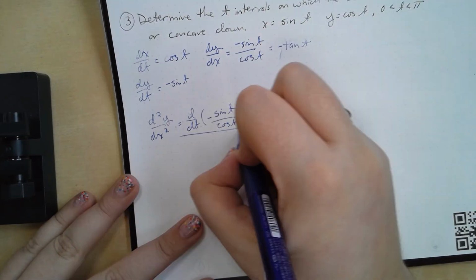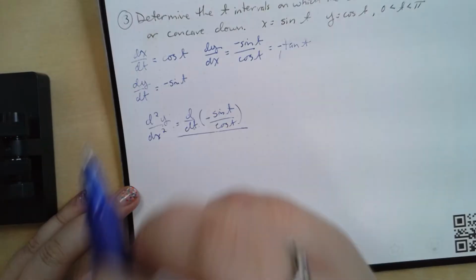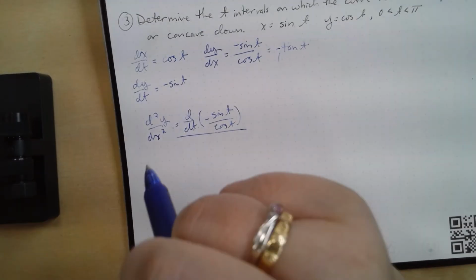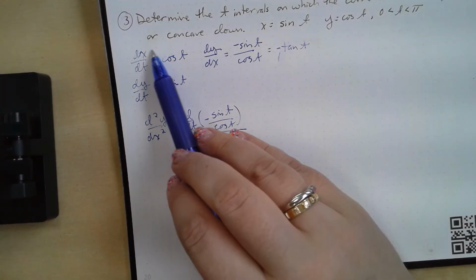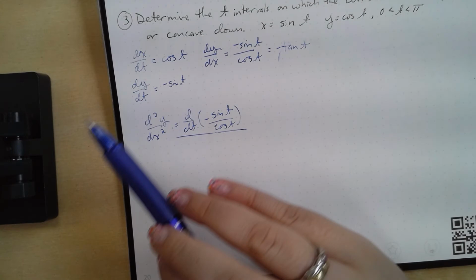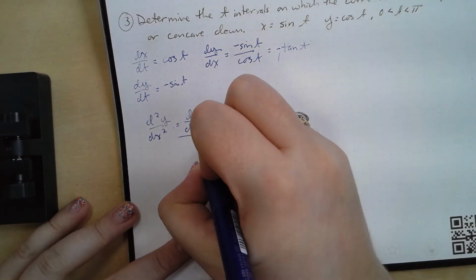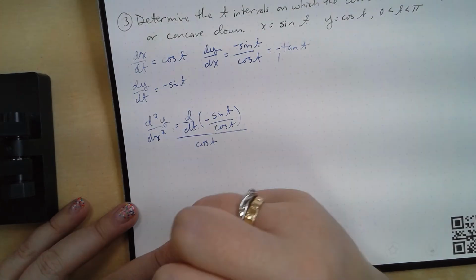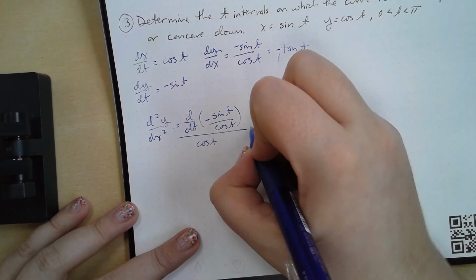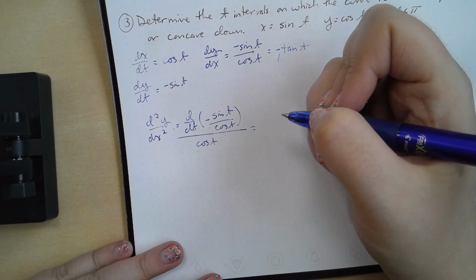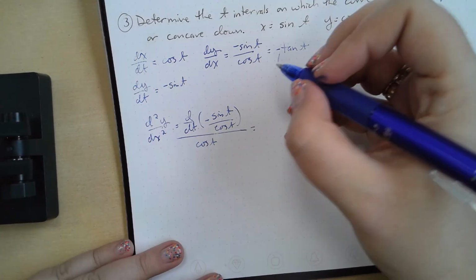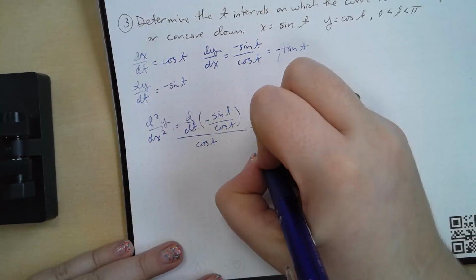Do not forget this part. Absolutely do not forget to do this part. That's seriously the biggest mistake that students make when it comes to parametrics. So over cosine of t, all right? I don't want to do all this math, so maybe you can do it in your free time, but basically this comes out to be negative 1 over cosine cubed of t, which is very fun.